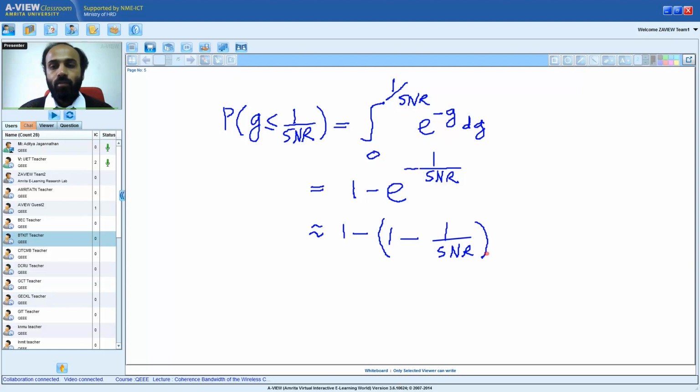So for e to the power of minus 1 over SNR, what type of approximation am I using?